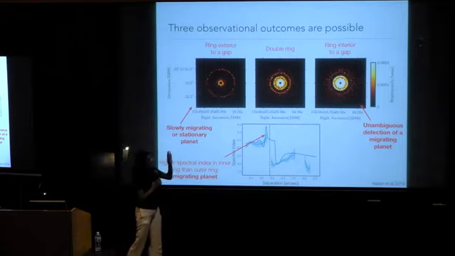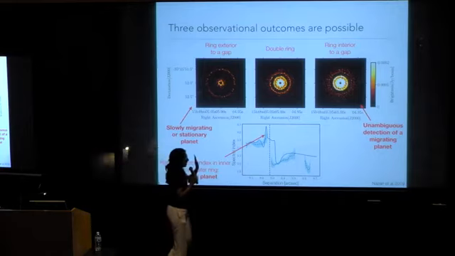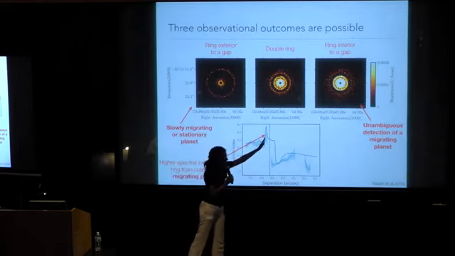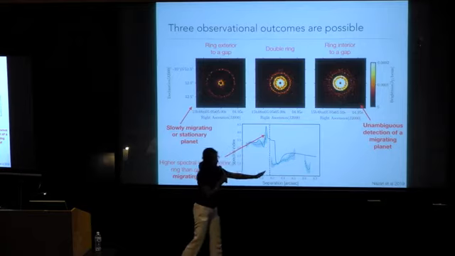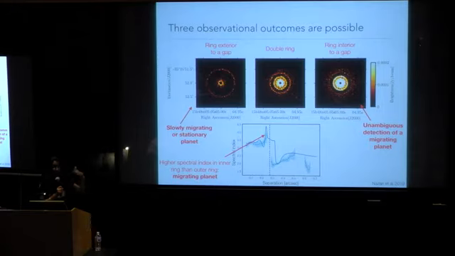In this particular case, you actually end up with the smaller grains in the inner part of the disk and the larger grains in the outer part of the disk. And if you look at the spectral index, you would actually end up with a higher spectral index in the inner ring compared to the outer part. The dotted line is again where the planet is. But for the other two scenarios that people have presented for multiple gaps and rings, you would in fact have the opposite, because you would expect large grains in the inner part and smaller grains in the outer part.